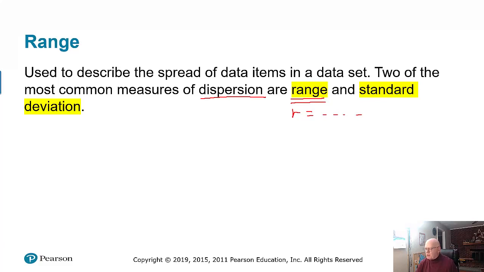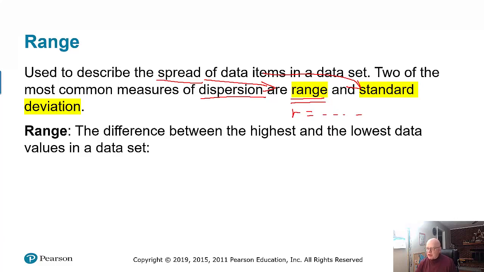Standard deviation is better, more accurate, but the range can give you a real quick idea of the dispersion of your data, how widespread they are. You can show the spread by using the range, or if you have some more time, standard deviation.